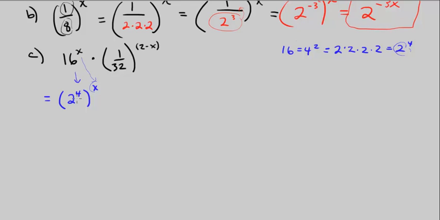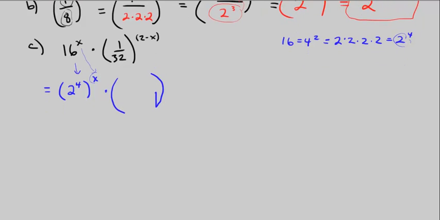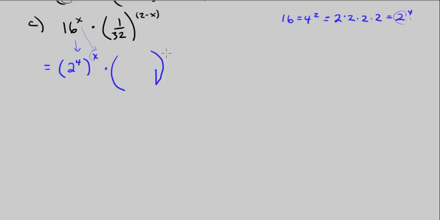Now let's do something similar, but let's keep the exponent here, 2 minus x. Let's leave it there. So this 1 over 32, let's leave the 1 in the numerator.